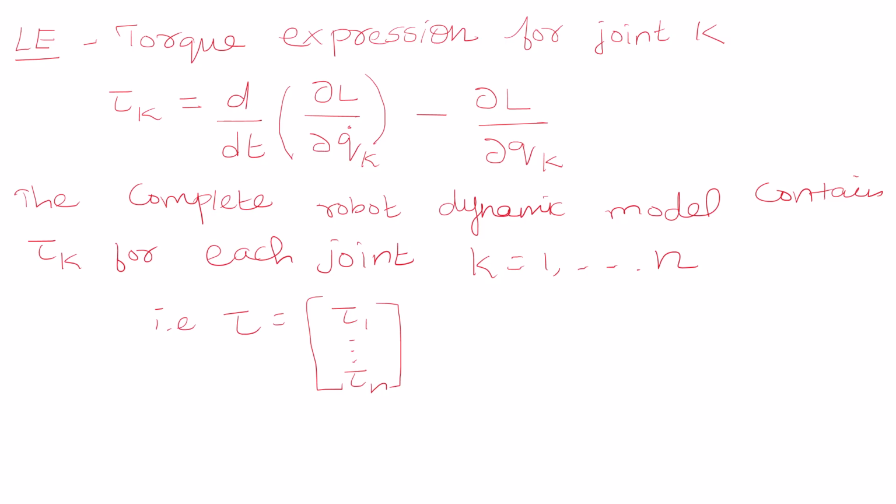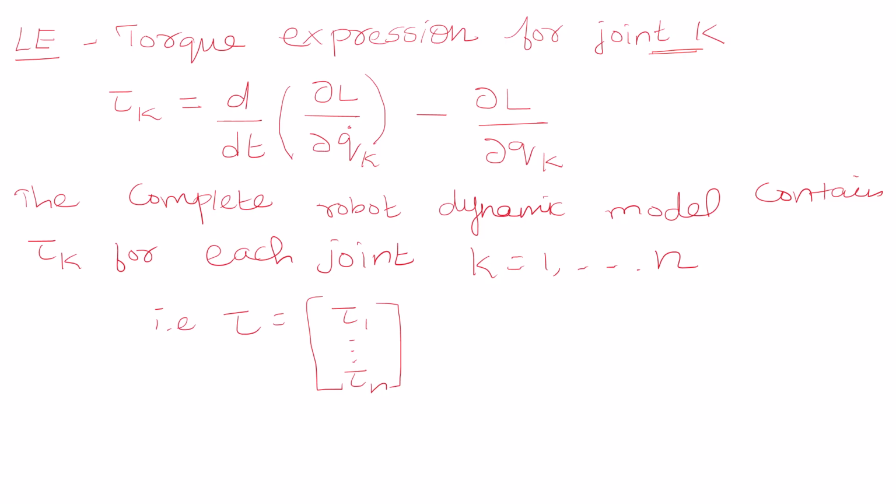This is the torque expression for a particular joint, say k, which we have already seen in our earlier sessions. The torque at one particular joint k will be equal to d by dt of dou L by dou q dot k minus dou L by dou q k.